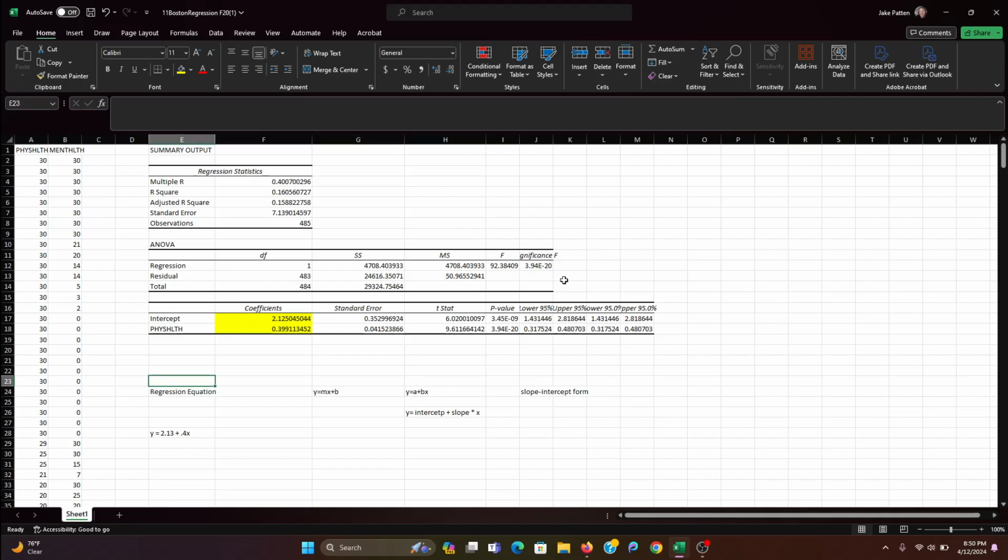So the intercept is the intercept, and the slope is the coefficient that goes along with the predictor variable that you're using. So intercept is intercept, coefficient is slope. Coefficient for the predictor is slope. So this is the regression equation right here.